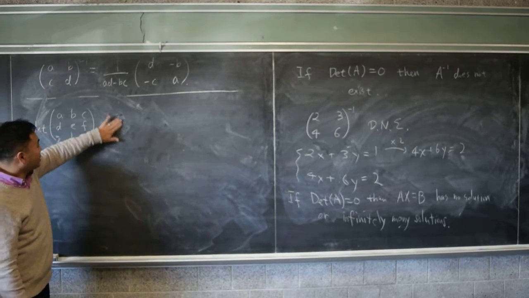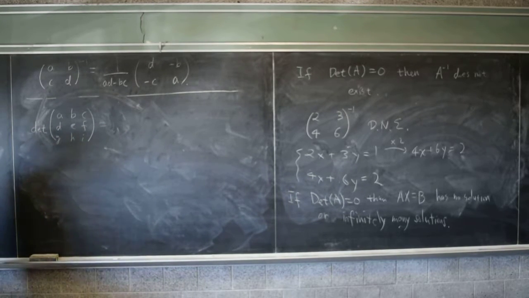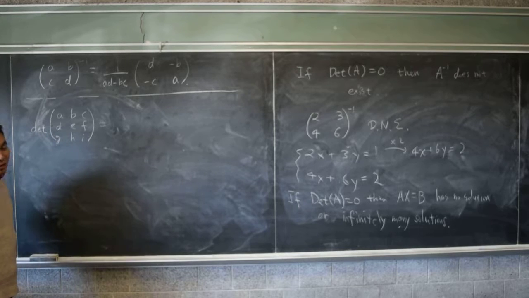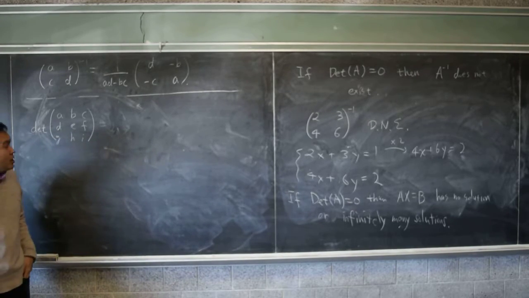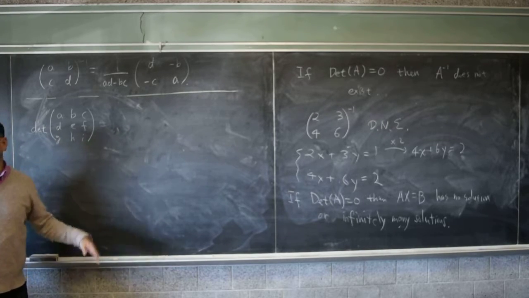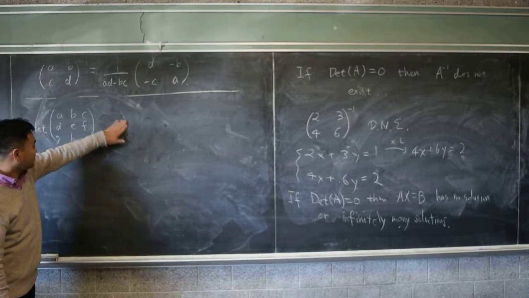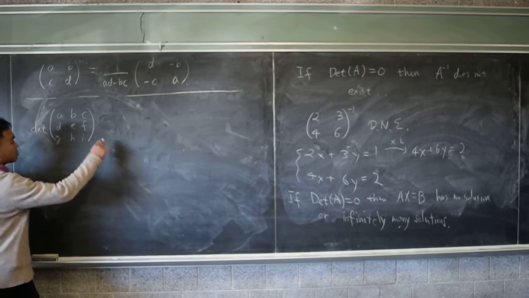Okay? And even just the determinant is so hard to remember and write down. People devised a system to write down the determinant of a 3 by 3, which actually is true for 4 by 4, 5 by 5, and so on. Okay? So what is the determinant of 3 by 3? So here's how it goes.